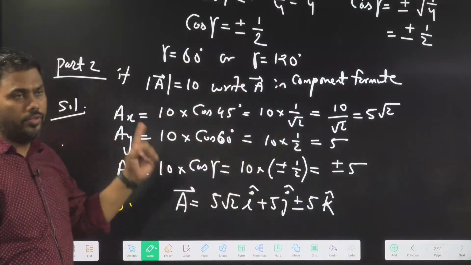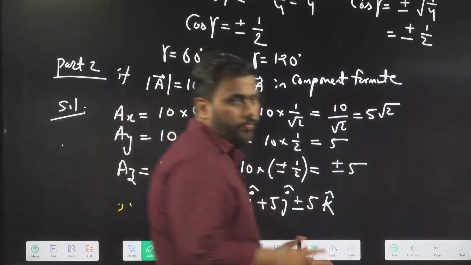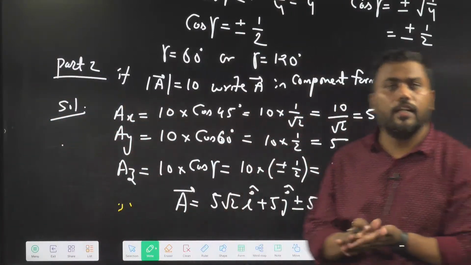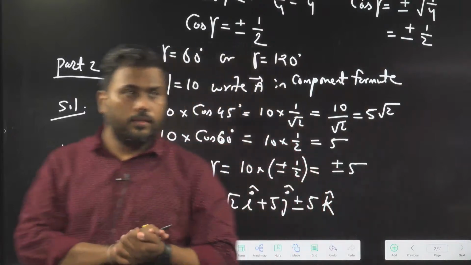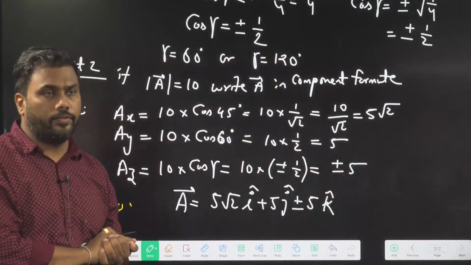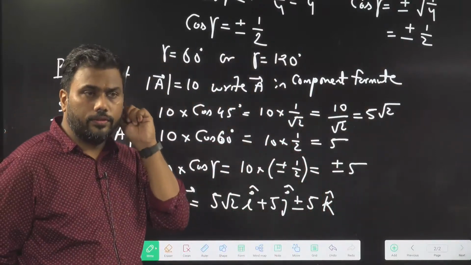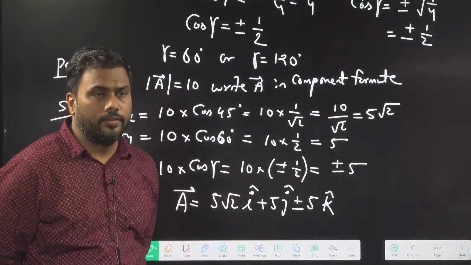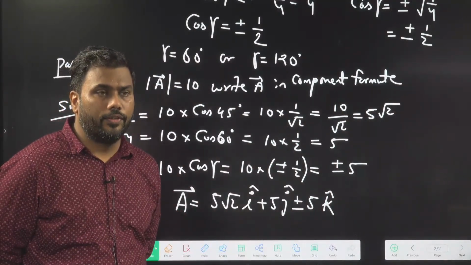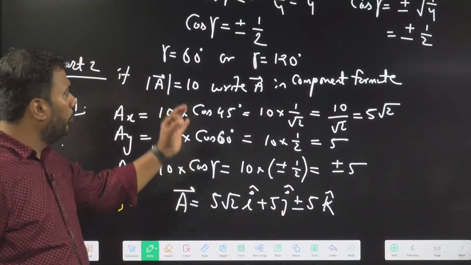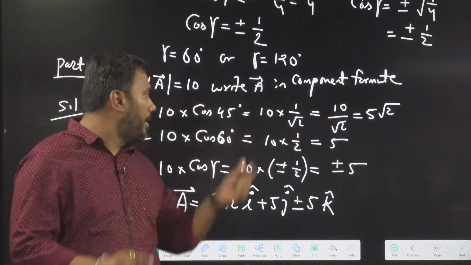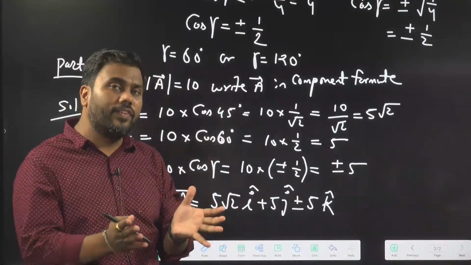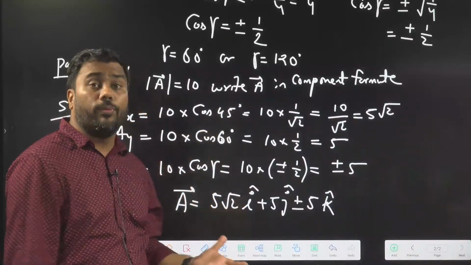Is this completely understood? So if anyone gives us the length of a vector and its angles with x, y, z, I can write the vector in component format.